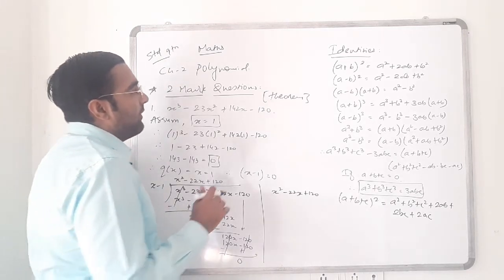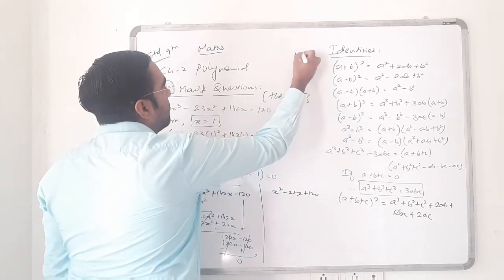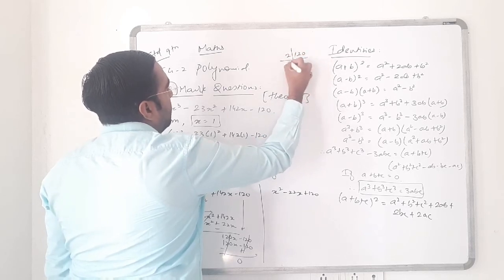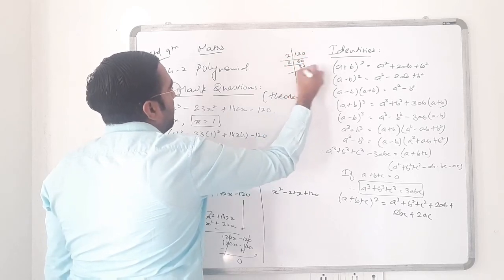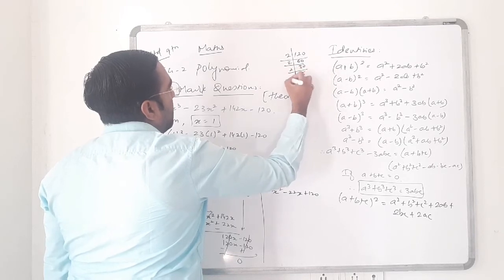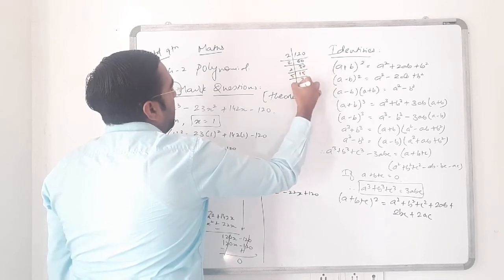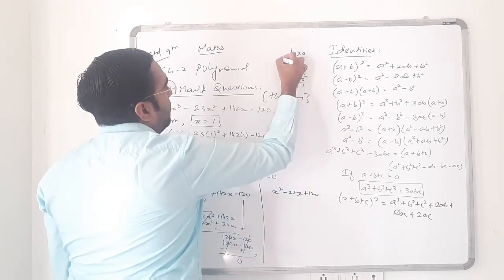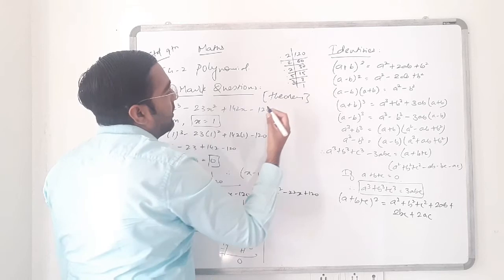So I'll factorize 120 here. So 2 into 60, 2 into 30, 2 into 15, 5 into 3, and 3 into 1. So your factors are 2 into 2 into 2 into 5 into 3.